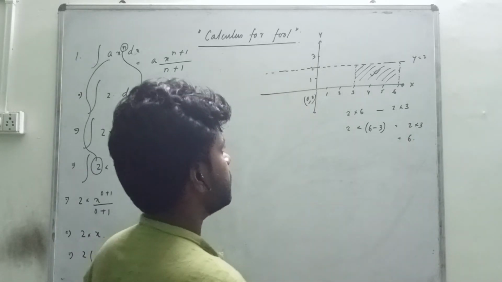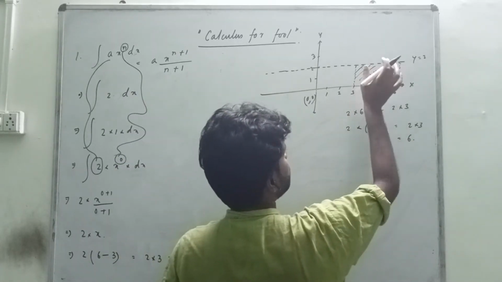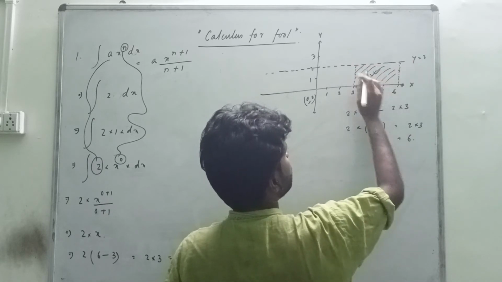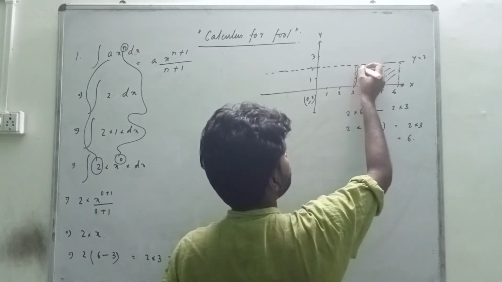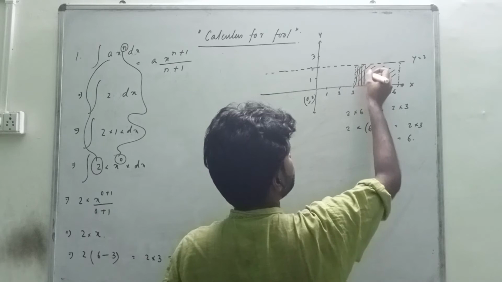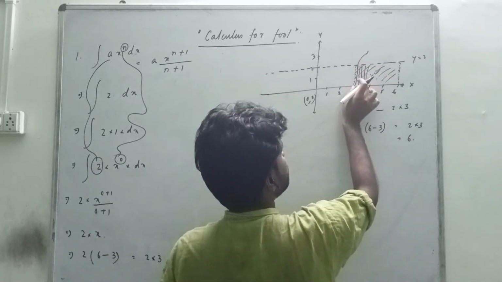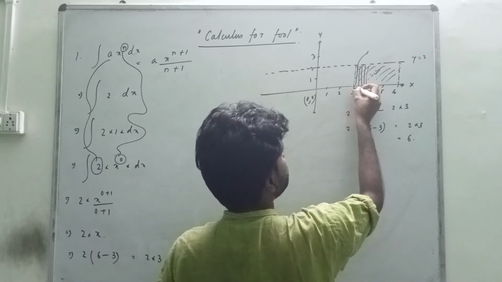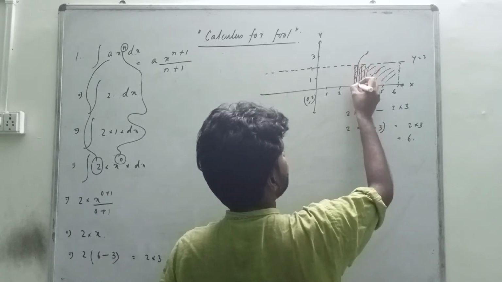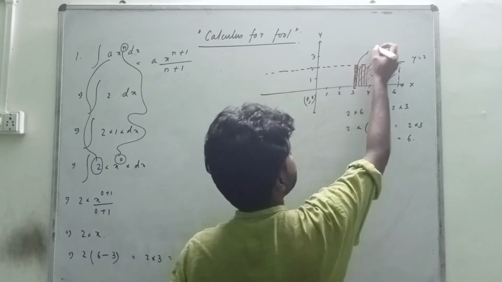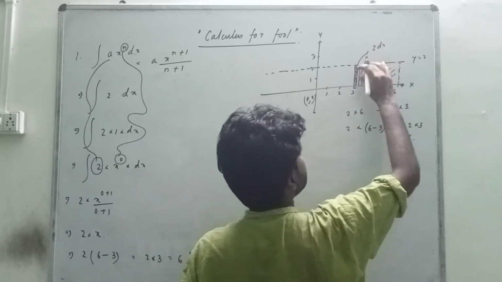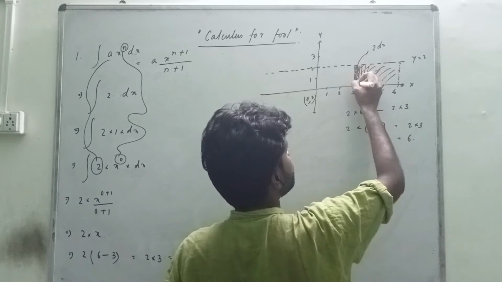And if I cut this area into very small pieces, one of these pieces has height 2 and width dx, a very small fraction of x. So this small piece of area becomes 2 into dx, and the second area also becomes 2 into dx.